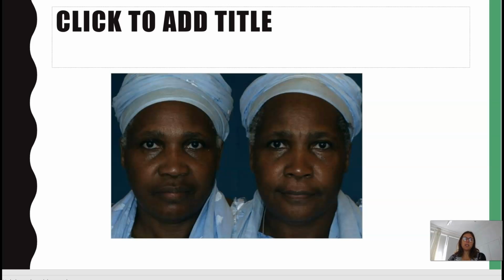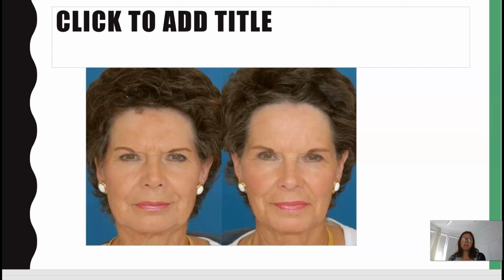And this one here is sun exposure. Again, these are identical twins, one has been exposed to a lot of sun, whereas one hasn't. You can really see that the lifestyle choices you make can have an impact on how you look.